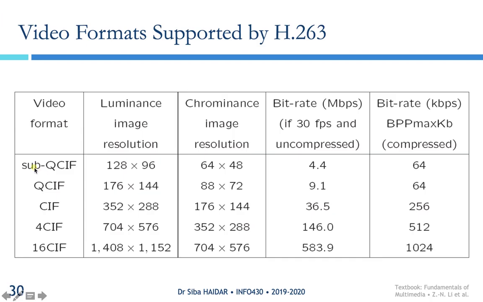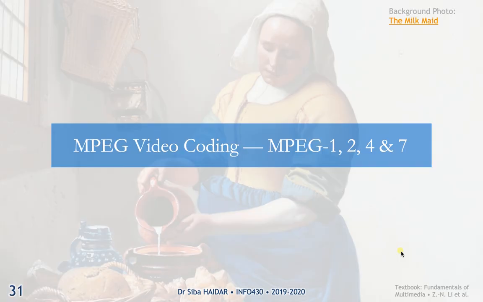You have the smaller sub-QCIF, but also the bigger video formats, the 4CIF and the 16CIF. And the bit rate has increased, so you have now 64 and multiples of 64: 256, 512, and 1024.